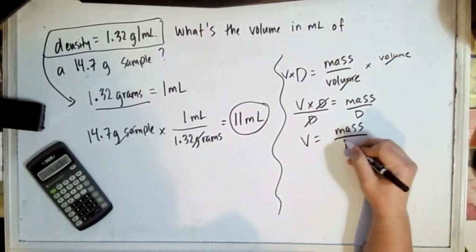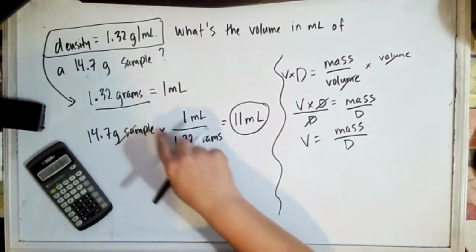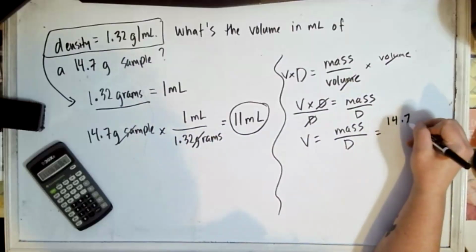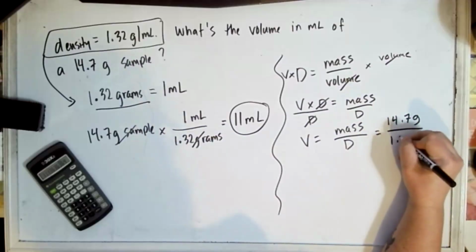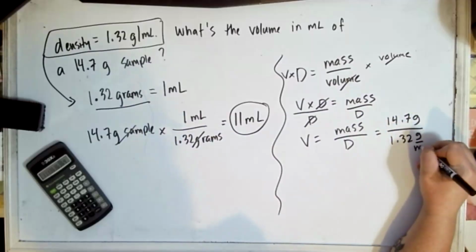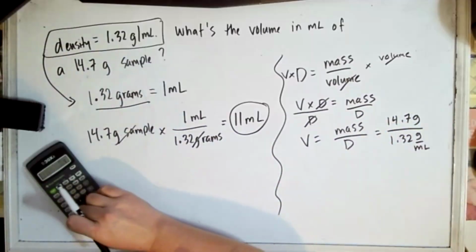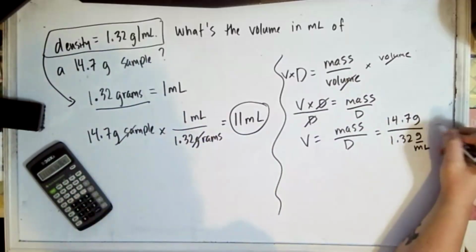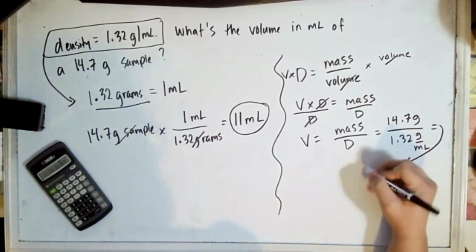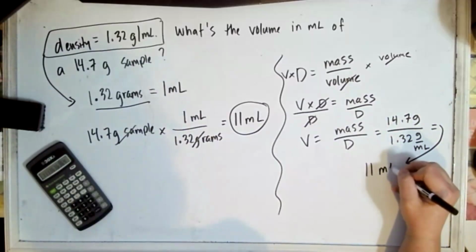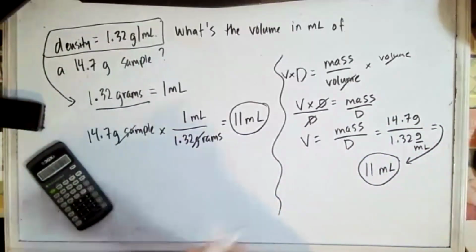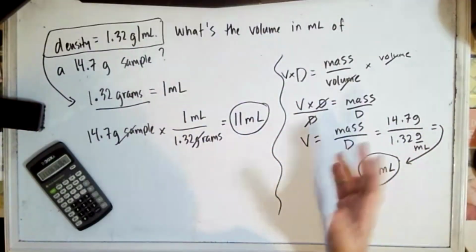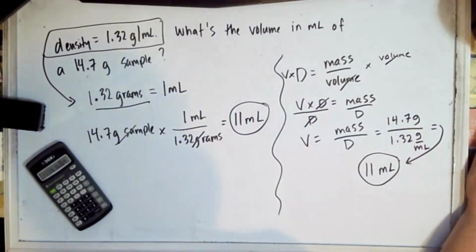I'm going to have my mass divided by my density, which is the same calculation we did here. So our mass is 14.7 grams and our density is 1.32 grams per milliliter. Putting this back in to make sure I did it right the first time, we still end up with 11 milliliters. It should be the same, right? Both of those methods do the same thing. You might just think about them a little differently.